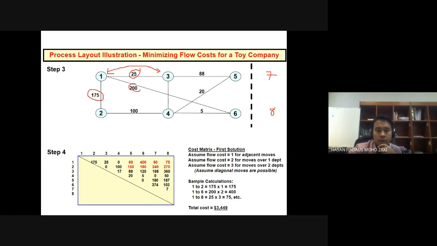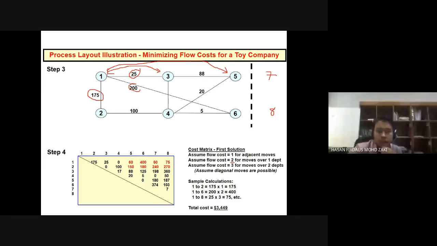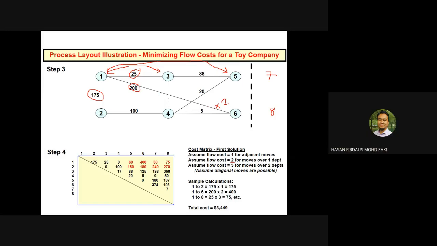For those where you need to skip a department, for example 1 to 5, you multiply the cost accordingly. The same for 1 to 6, where you also skip one department, so you times it by 2. Now instead of 200, you get 400.